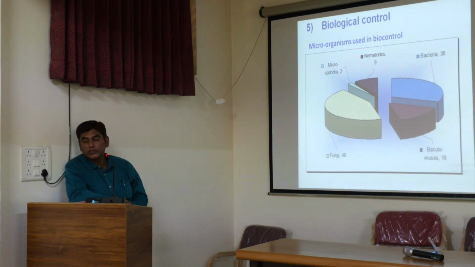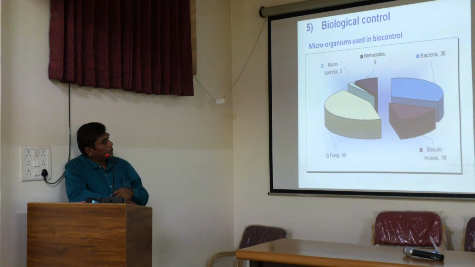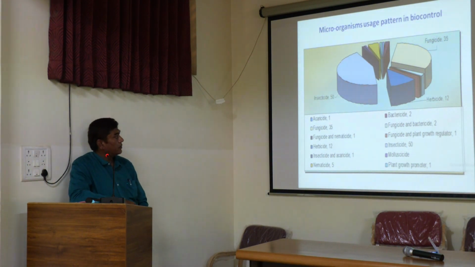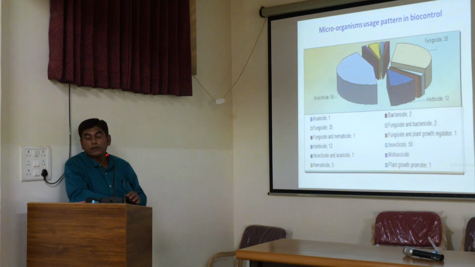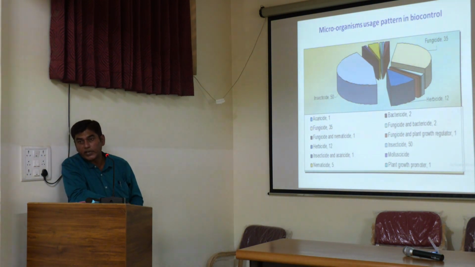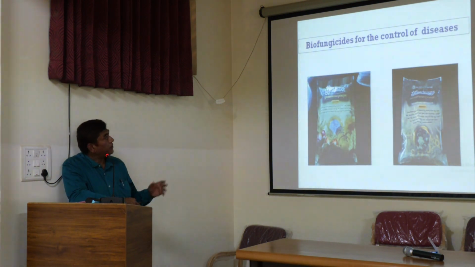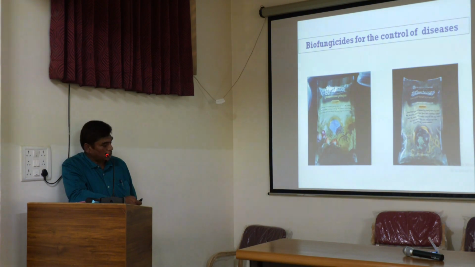Bacteria, around 36 percent, are used as bioagents. Nematodes and some viruses are also used. Now the usage pattern of microorganisms in biocontrol: as insecticide, there are totally 50 bioagents used, whereas as fungicide, again 35. The major popular ones are Trichoderma and Pseudomonas.